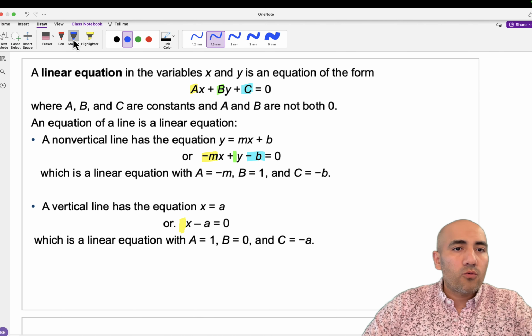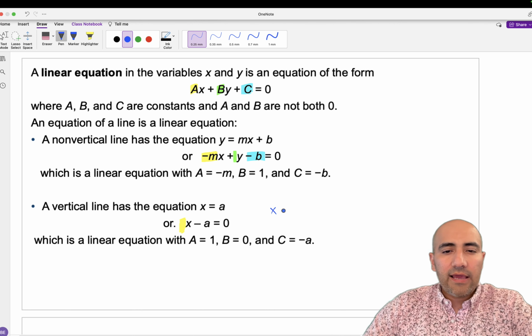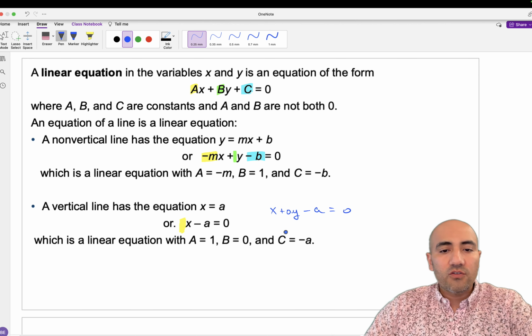We can also rewrite this as x plus 0y minus a equals 0. And 0y is just 0, so it goes away. So this is the same thing as x minus a equals 0, but there's an invisible 1 out in front.